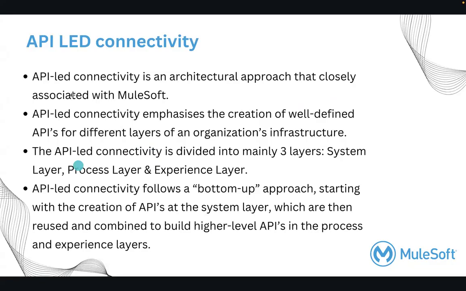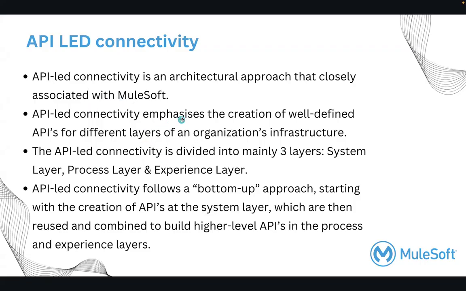Okay, so let us just read this out, and then I'll explain what exactly it means. API-led connectivity emphasizes the creation of well-defined APIs for different layers of the organization's infrastructure. It means let's say you have different systems, different databases. At that time, you cannot connect all the systems in one API, right?